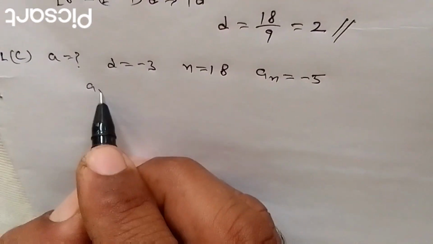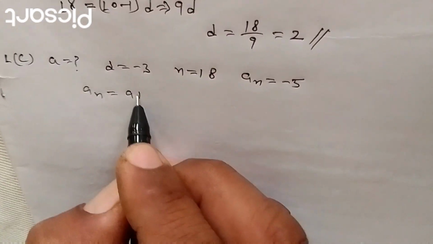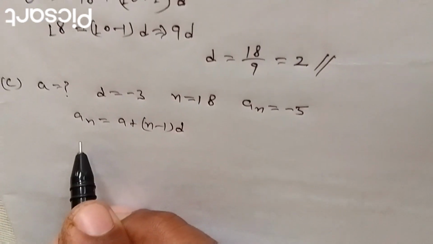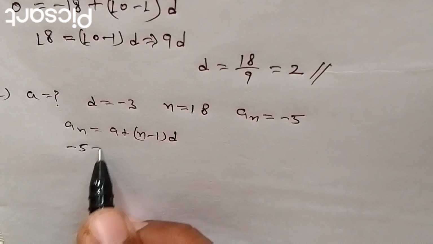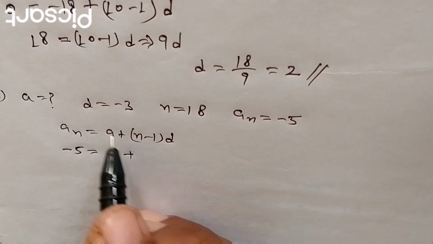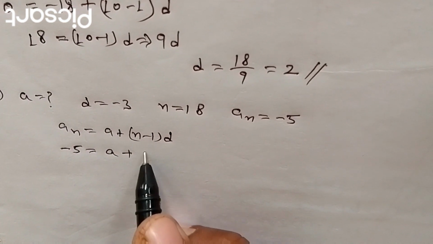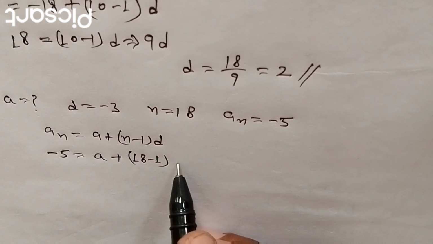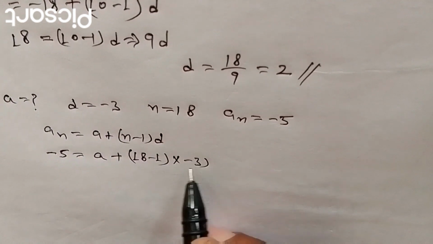Again using the formula an is a plus n minus 1 d. Now putting the values: an minus 5, a we have to calculate, plus n minus 1, n is 18 minus 1, and d is minus 3.